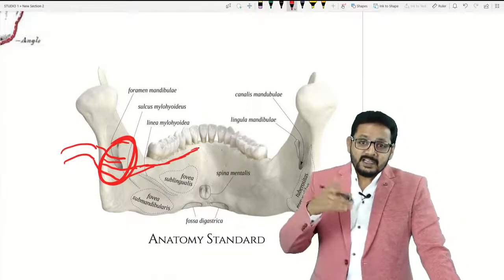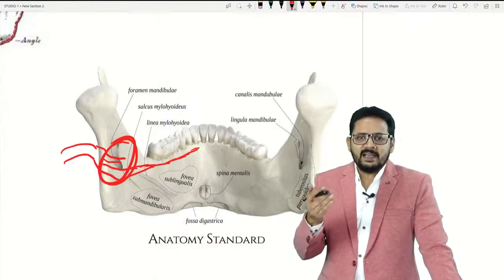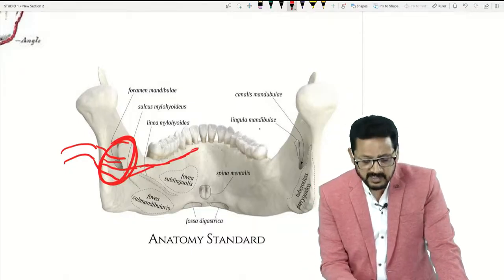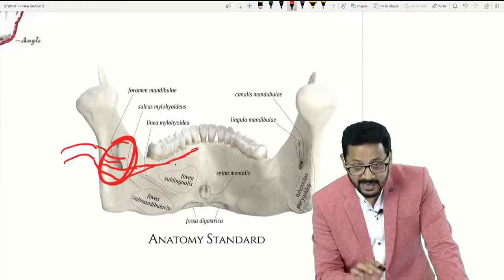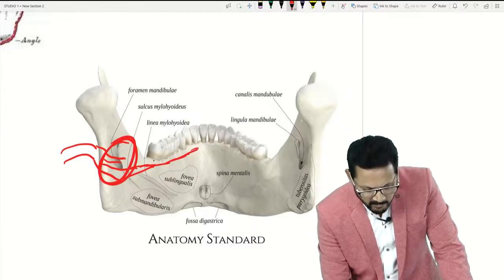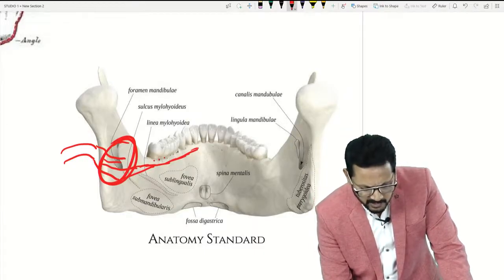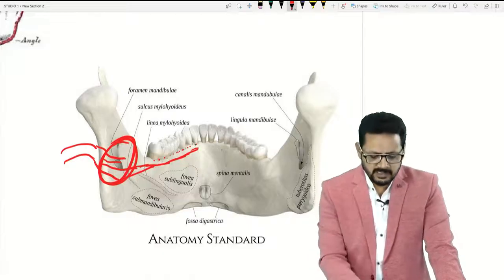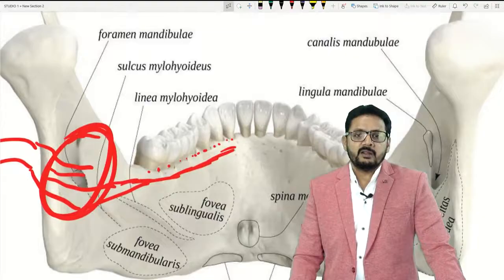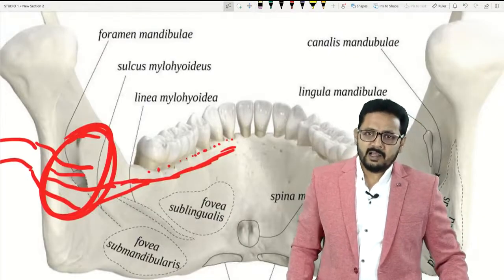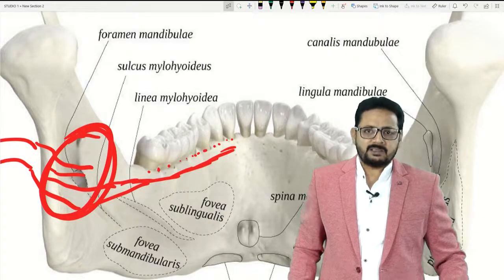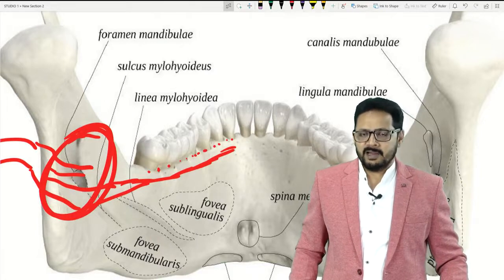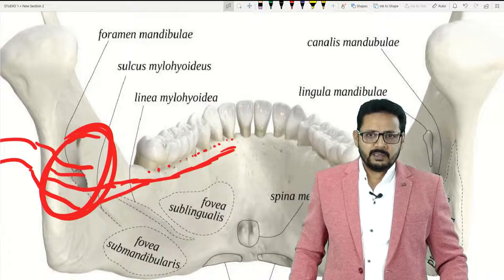Now in long-standing edentulous cases, what will happen? Because of the resorption of the alveolar ridge, the lingual nerve will relatively be very close to the remnant of the residual ridge. So this is what you have to be a little careful of. Not only the inferior alveolar nerve, you have to bypass the lingual nerve also while placing an implant in the posterior mandible. Is that clear?